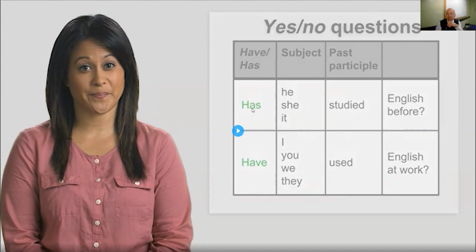In this case, it will read, has he studied English before? Or have we used English at work? And then we make the right pronunciation or intonation as a question. Let's see how she answers all these questions.